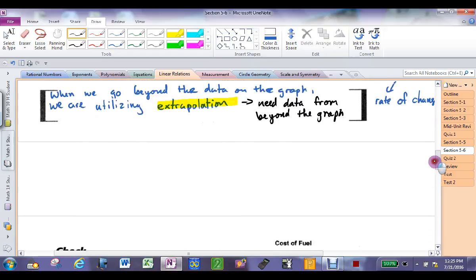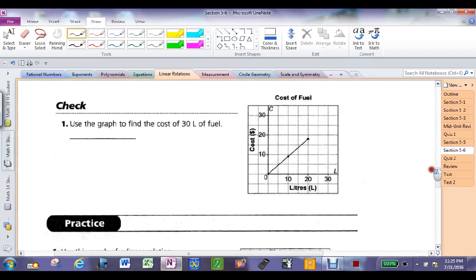All right, you good, Arsh? Okay, turn the page over. Use this graph to find the cost of 30 liters of fuel. Where does our information end? It ends at 20 liters. Is it a linear relation, though?